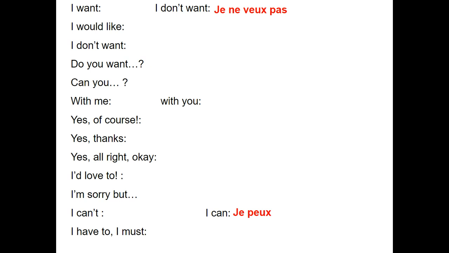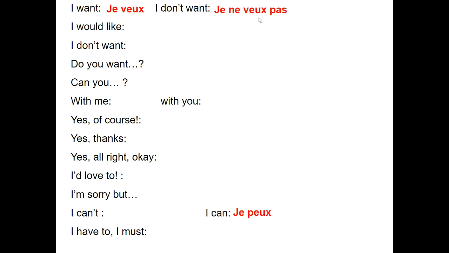All right, so I want, je veux. Now, I don't want is going to be very similar, je ne veux pas. So if you go back to the last lesson, 13.1, we had the expression I like and I don't like. And I addressed a little bit how when we are trying to make something negative in French, two words you need, ne and pas.